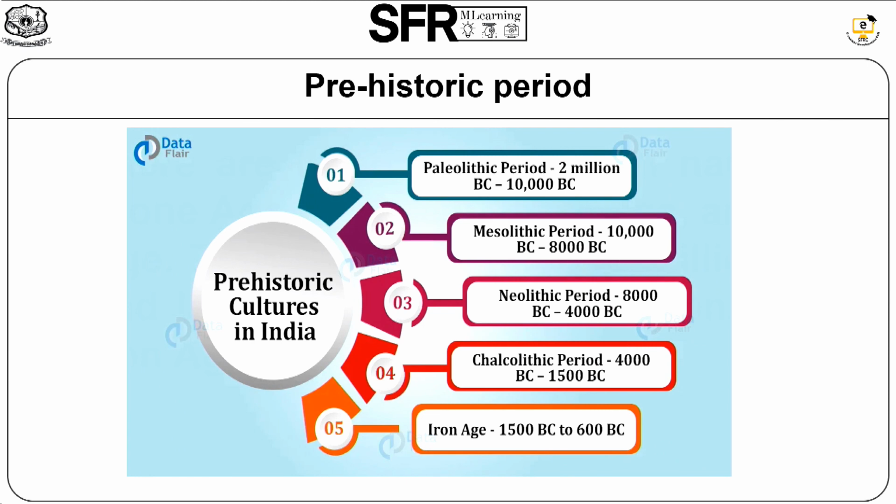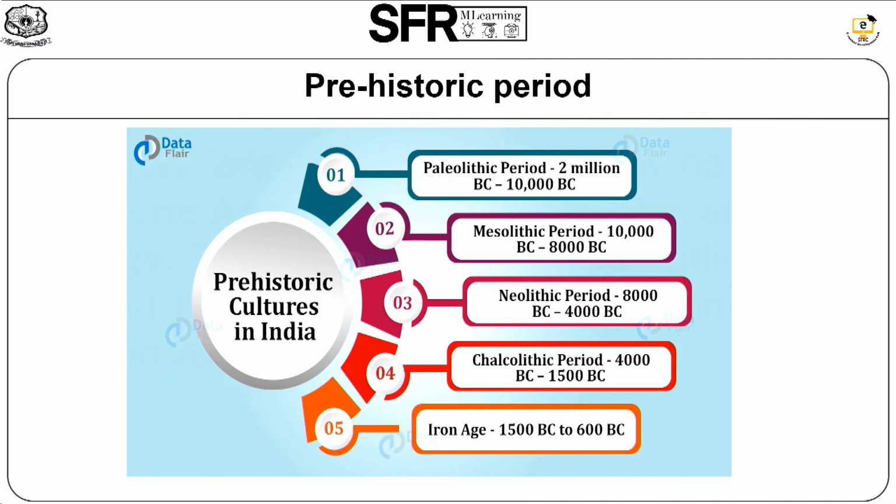So historically speaking, the prehistoric cultures in India have been divided into various types like this. The first one is the Paleolithic period. It began 2 million years ago and lasted up to 10,000 BC. So its period was from 2 million BC to 10,000 BC.